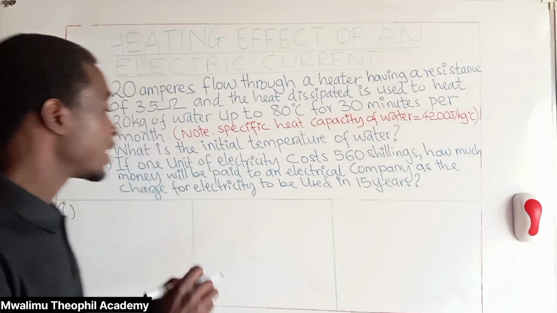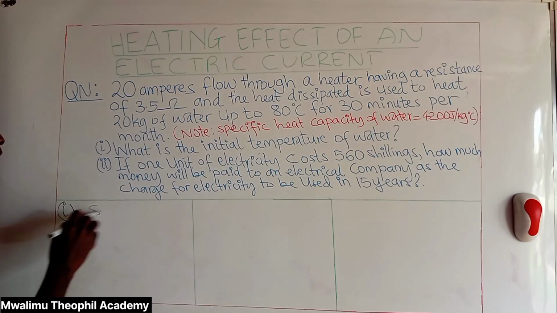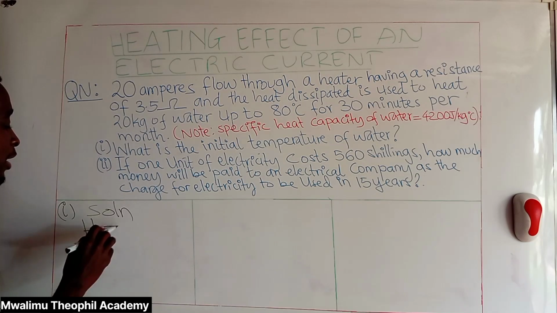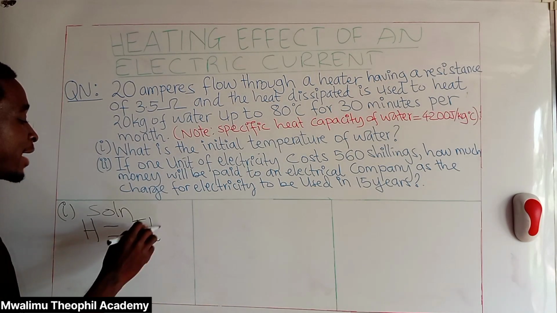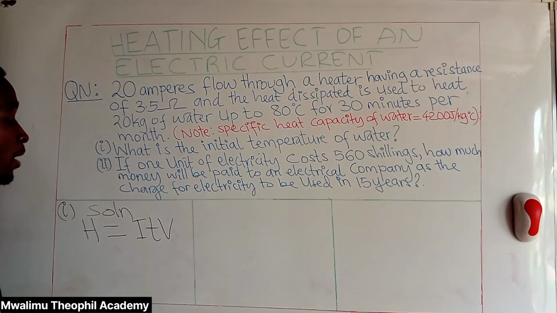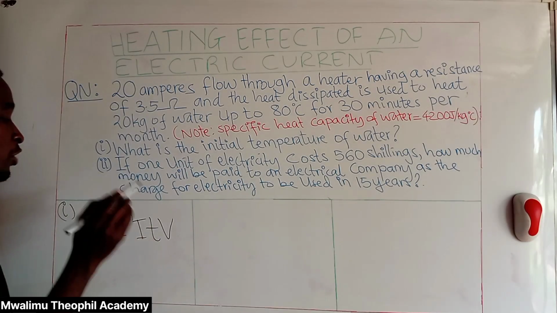You have to know that the amount of heat energy dissipated due to electric current is given as the product of current, time, and voltage. Also, we may express this voltage by using Ohm's law.